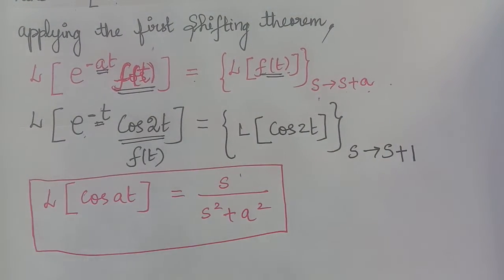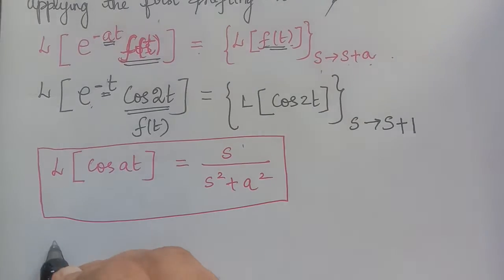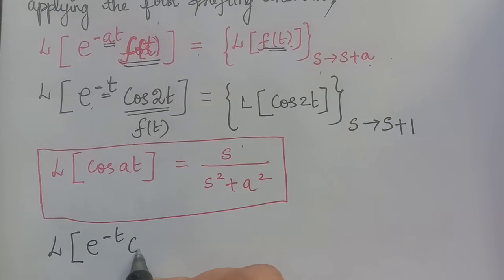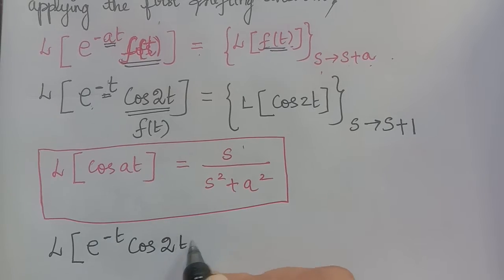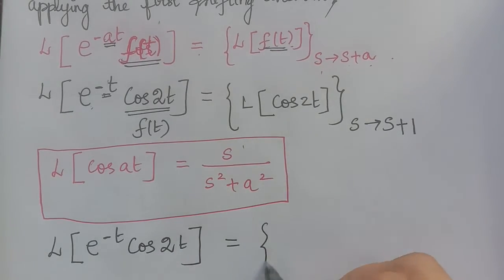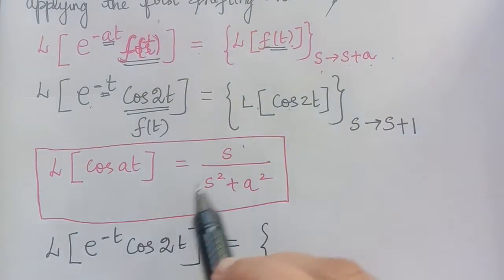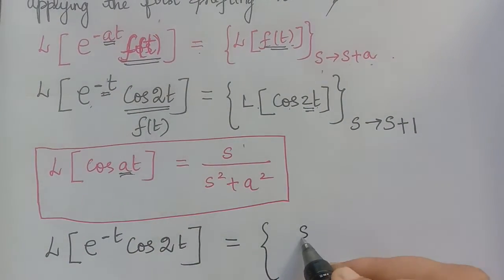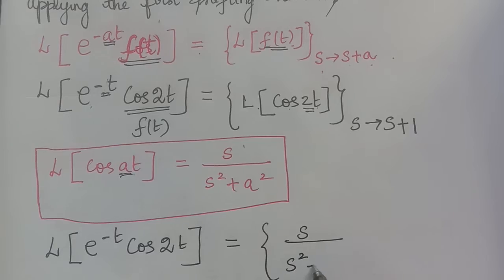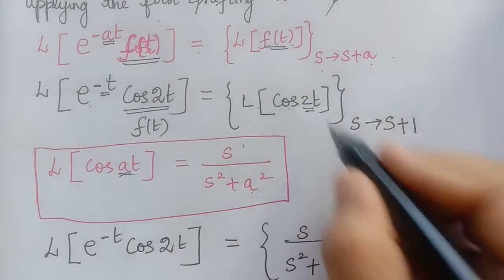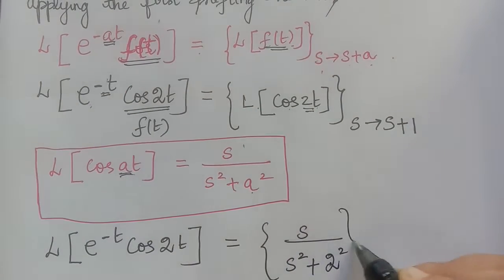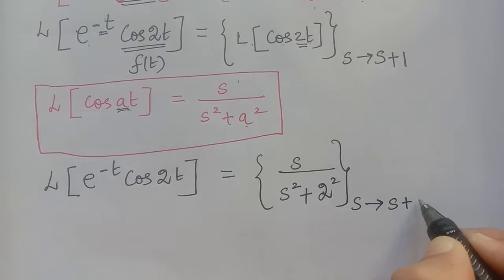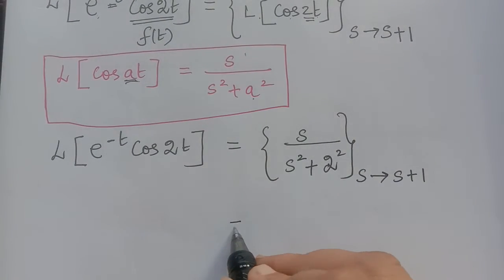Therefore, applying this, we get L of e to the power negative t cos 2t to be equal to L of cos 2t, where the value of a is 2. So it will be s divided by s square plus 2 square, and in this we have to replace s by s plus 1. So in the next step, let us replace.